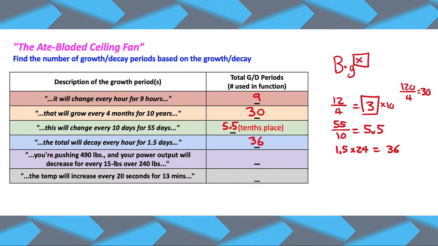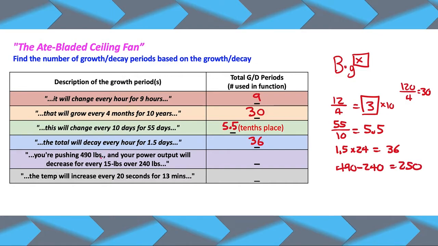This is a tricky one. You're pushing 490 pounds. Your power output will decrease every 15 pounds over 240. So we need to go 490 minus 240 just to get how much over we are. 490 minus 240 is 250.